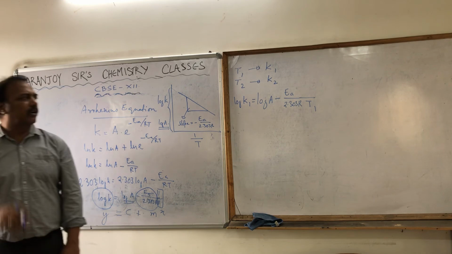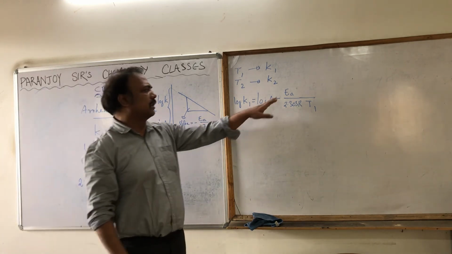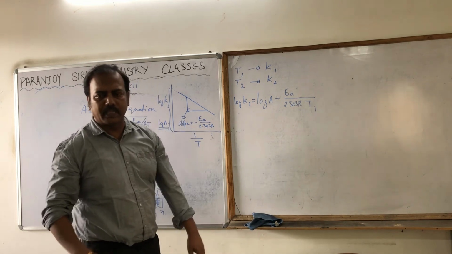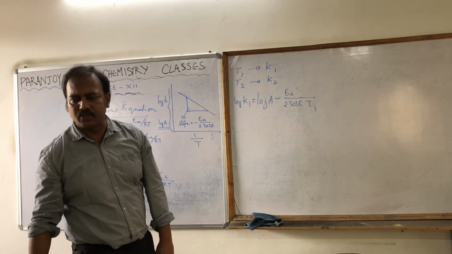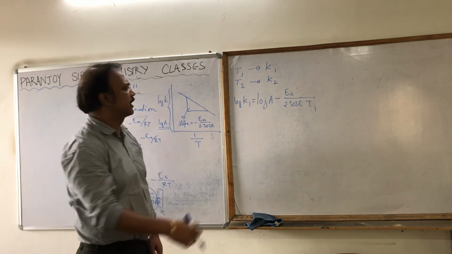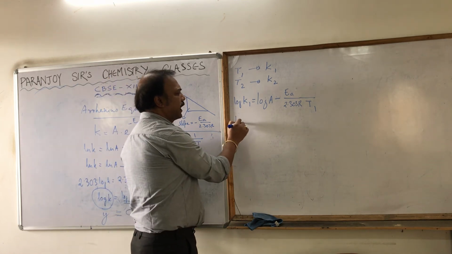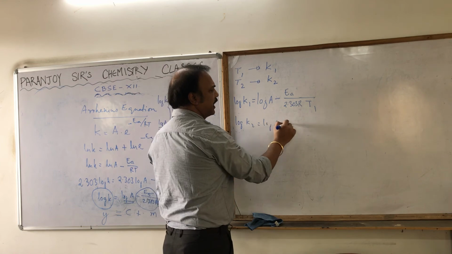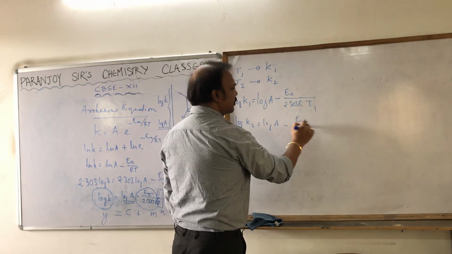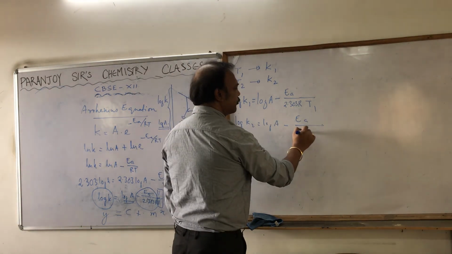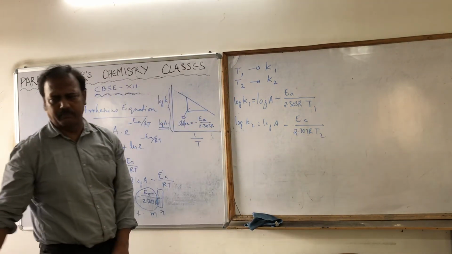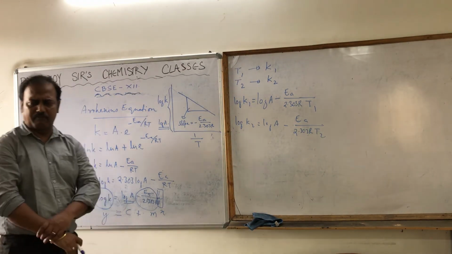Log K1 equals log A minus EA by 2.303 R T1. Same way, when the temperature is changed to T2, can I write log K2 equals log A, because A is constant, minus EA, again constant, divided by 2.303 R T2. Simple, very simple deduction. It's nothing very tough.